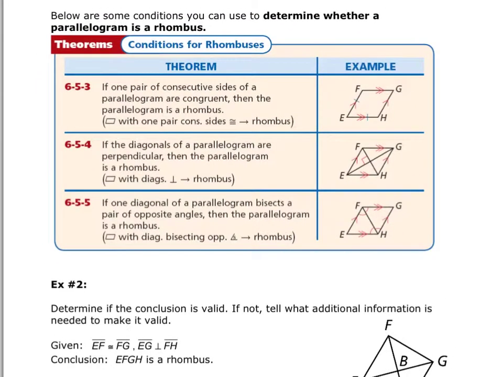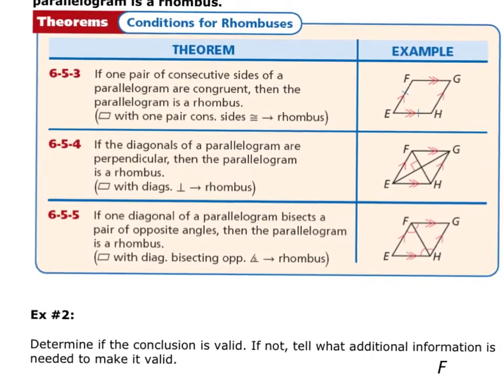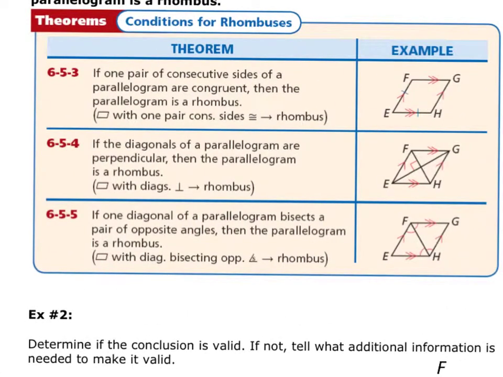Alright, now we're going to move on to rhombuses. Now you covered rectangles in the last slide, and we're going to talk about rhombuses now. Okay, so three different theorems for you to know. The first one, it says if one pair of consecutive sides of a parallelogram are congruent, then the parallelogram is a rhombus.